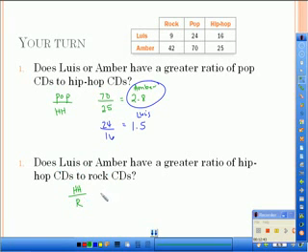So now we're going to look at hip hop first over the rock. We're comparing hip hop to rock CDs. And let's start with Amber. Amber has 25 hip hop CDs and 42 rock CDs. This can be converted to 0.595.